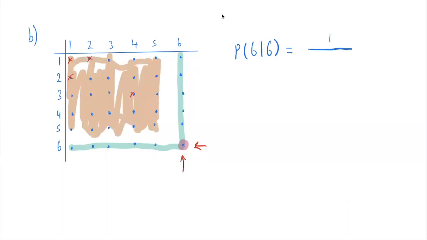So ask yourself, how many outcomes does this actually leave us with? Well, it leaves us with 11 outcomes, okay? So we only have 11 outcomes in our sample space to pick from. So the probability of rolling a 6, given that we've already rolled a 6 on the first try, is 1 in 11.